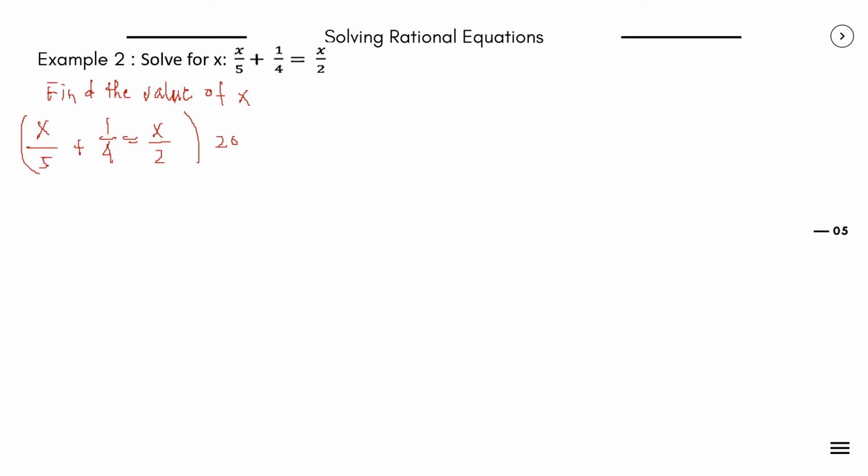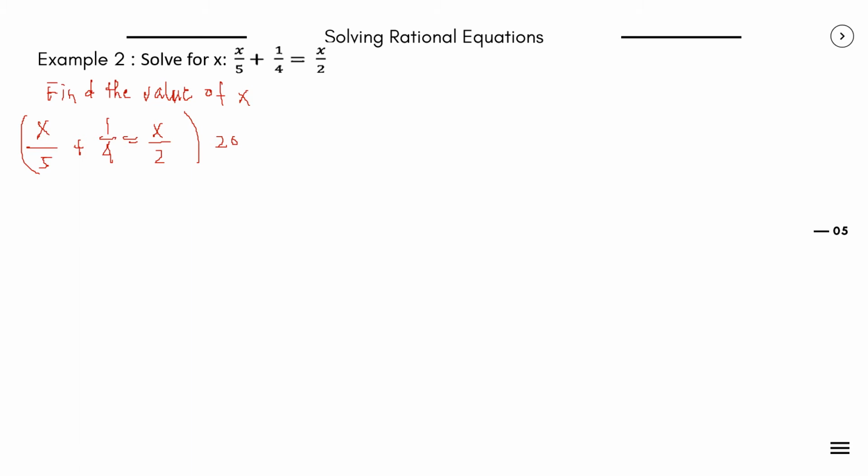Pwede rin gamitin yung tip na i-multiply lahat ng denominator, pero hanapan ninyo ng number na mas mababa pa, kasi lalaki yung number ninyo dun. Pero dito, we can have 20.